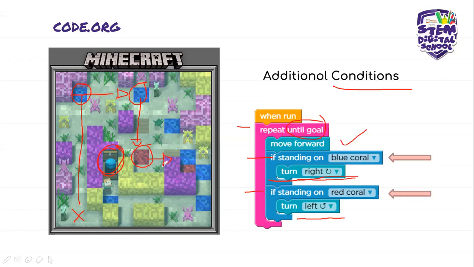Okay, so I hope you guys understand, but I will also show that to you in our code, that with the repeat until goal, we have to put commands and conditions for the program to actually reach its goal. Otherwise, it will just be a circle and it will go round and round and round and it will never stop.